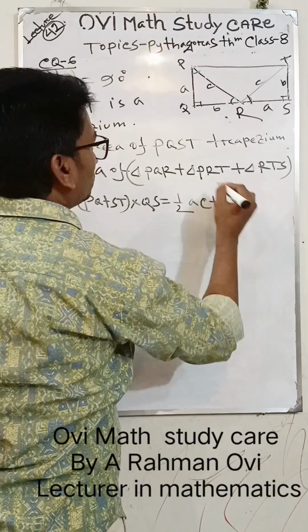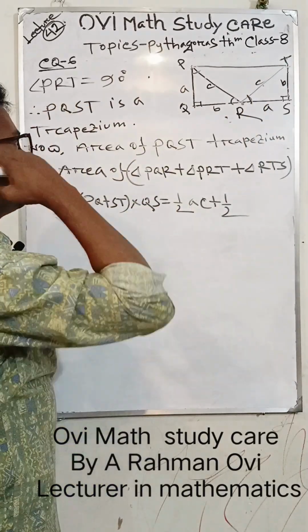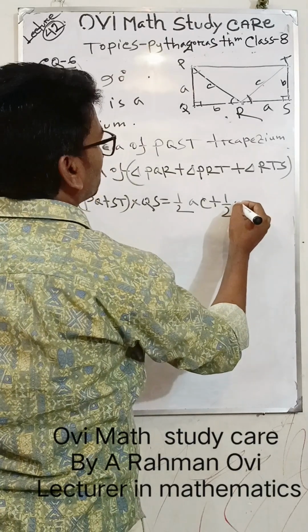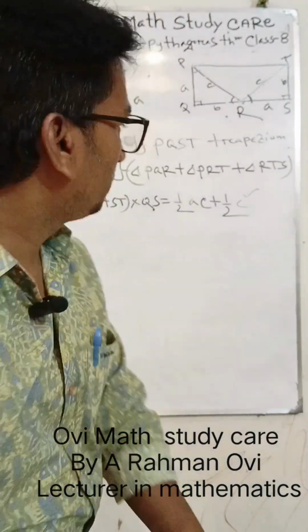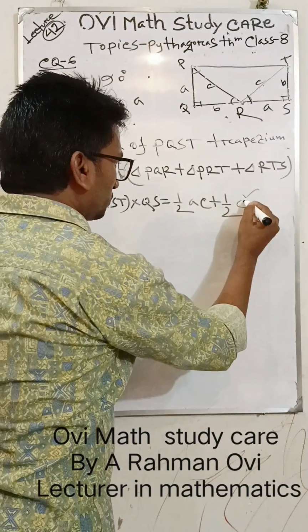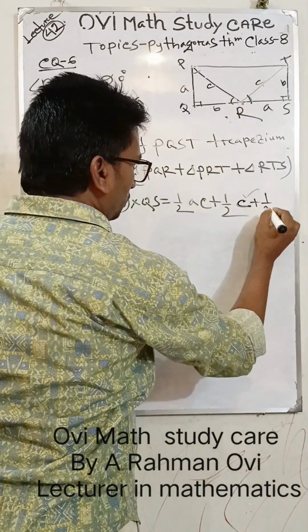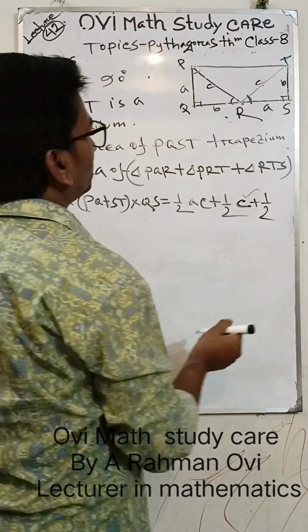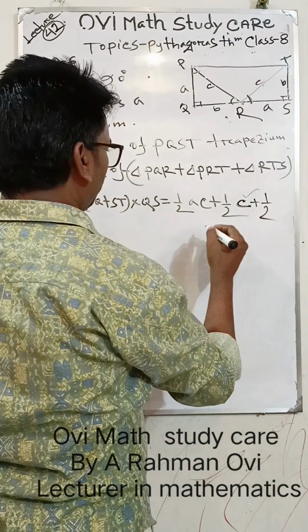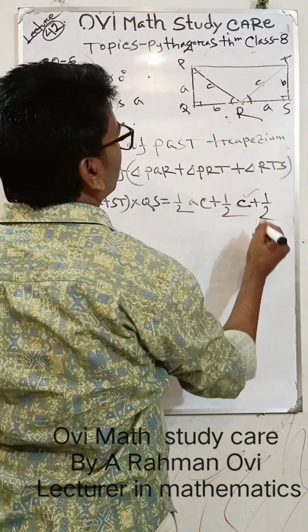Half into, in triangle PRT, base and height are also C, that means C square. And area of RTS, this is also AB.